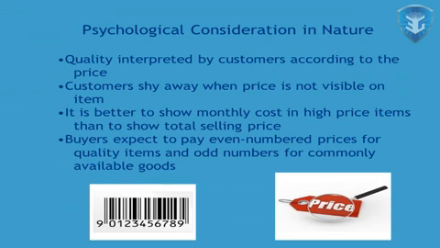The quality is interpreted by customers according to the price. Customers shy away when the price is not visible on the item. It is also better to show monthly cost in high-price items than to show total selling price. Buyers expect to pay even-numbered prices for quality items and odd numbers for commonly available goods.